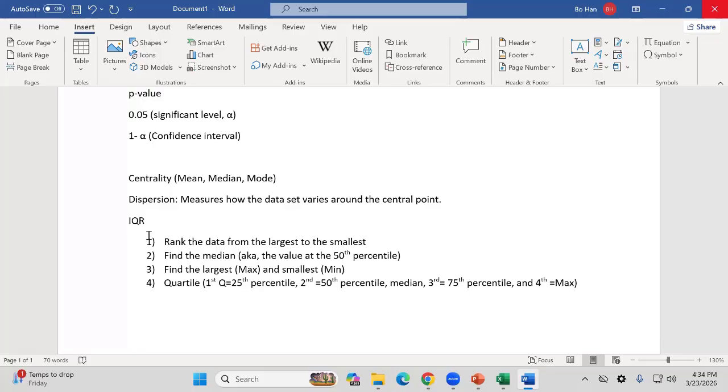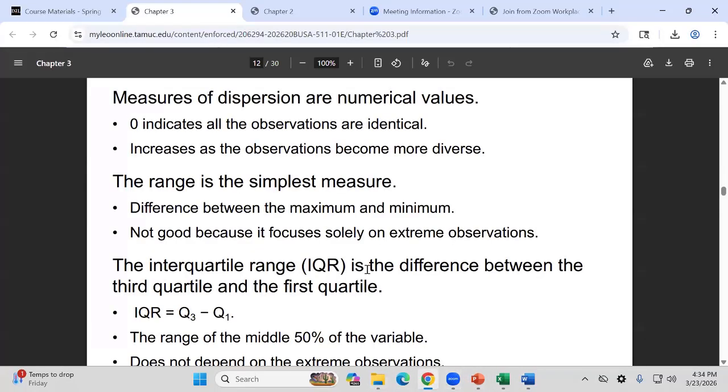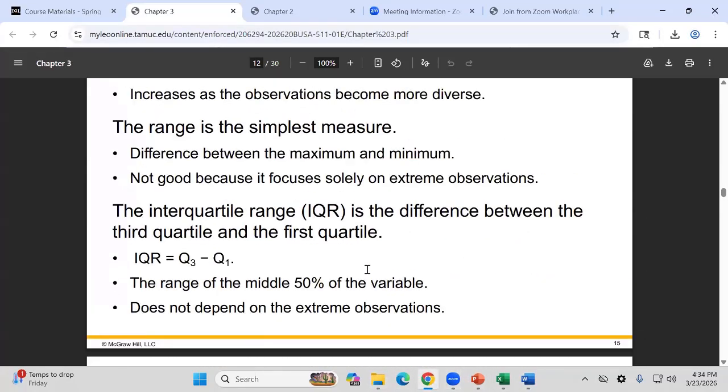And when you calculate IQR, this range, you want to use the value at the third quartile minus the value at the first quartile. This is the equation. The interquartile range equals the value at the third quartile minus the value at the first quartile.